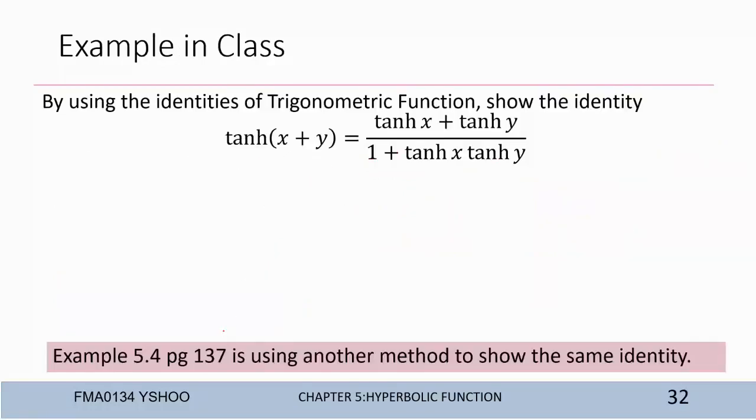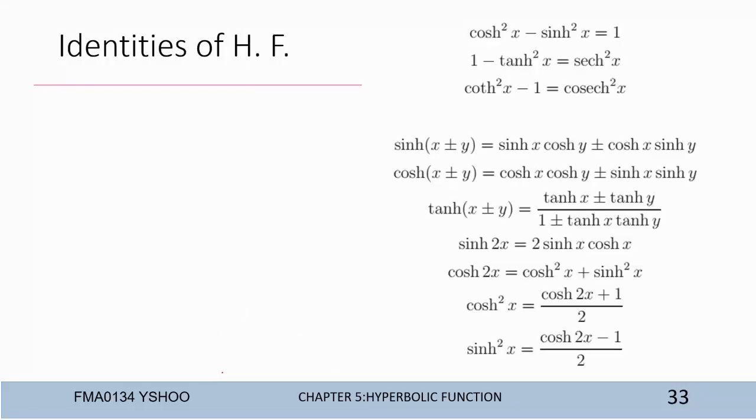In this example we used the identity of a trigonometry function, but in your book you have another method, on page 137. There is a list of formulas for the hyperbolic functions.